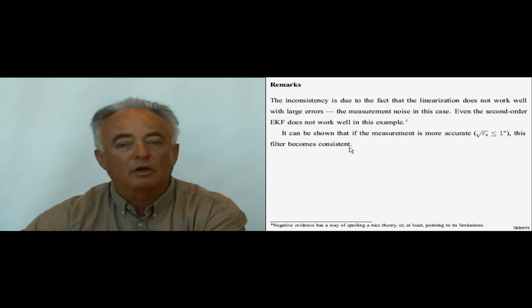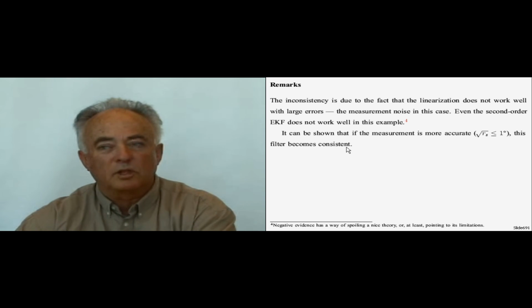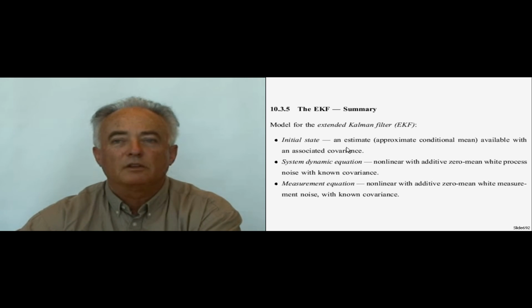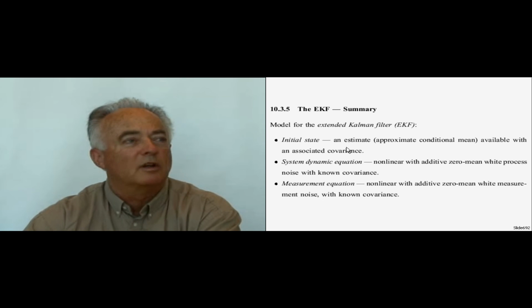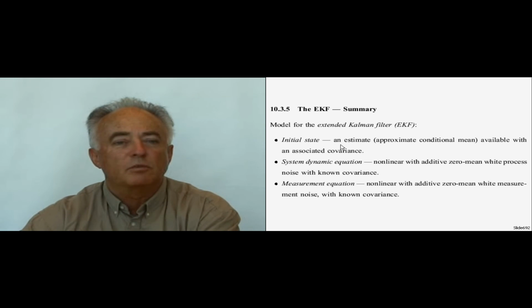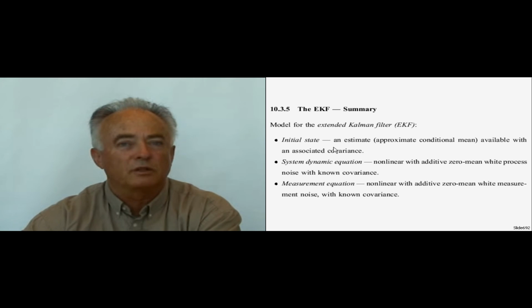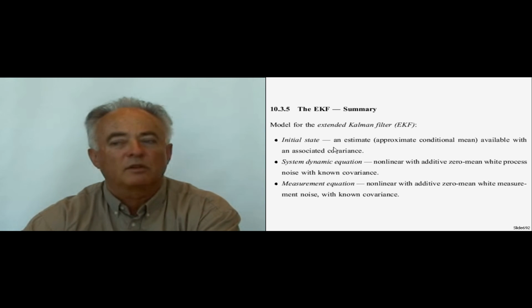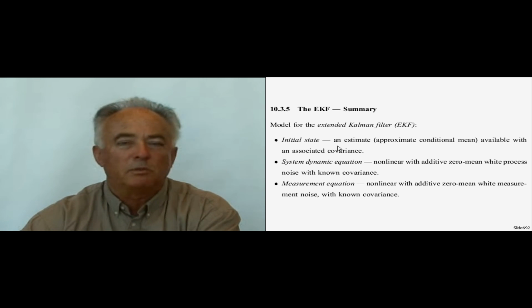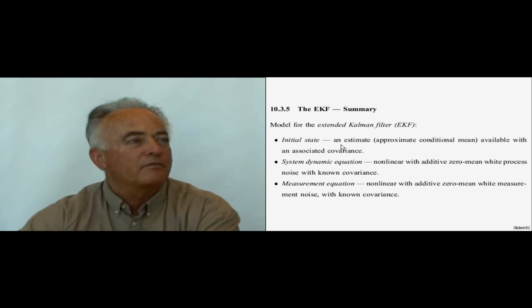And if you can get a better sensor, then it is going to work well. So in any case, it's important to remember nonlinear filters have to be tested thoroughly. In linear problems, the issues are much less severe.